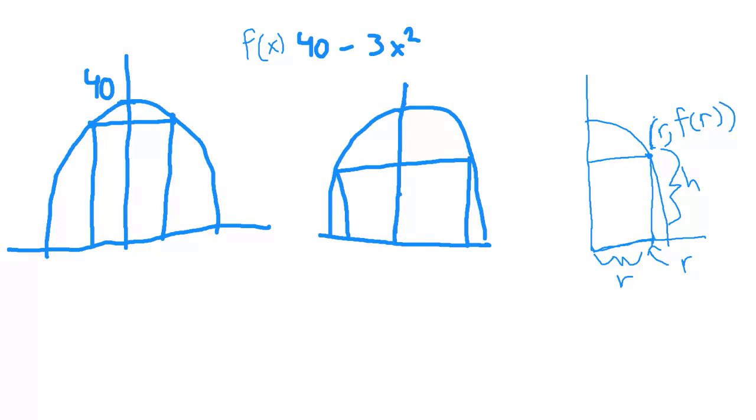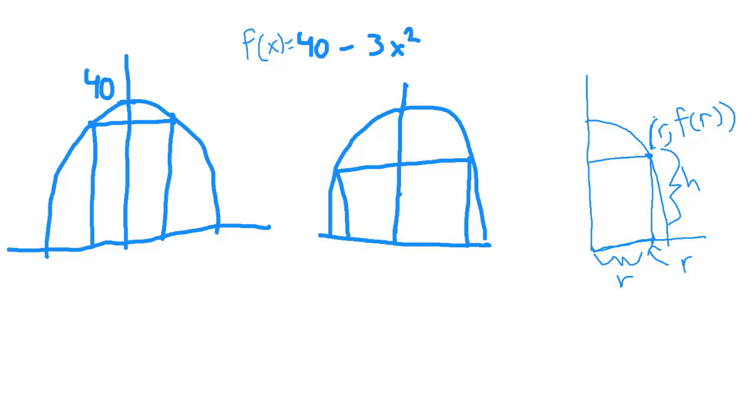So the idea is that because this point lies on the curve, if it's at x coordinate r, the y coordinate should be f of r because it lies on the curve f of x. There was a question: why am I only solving it for the first coordinate?